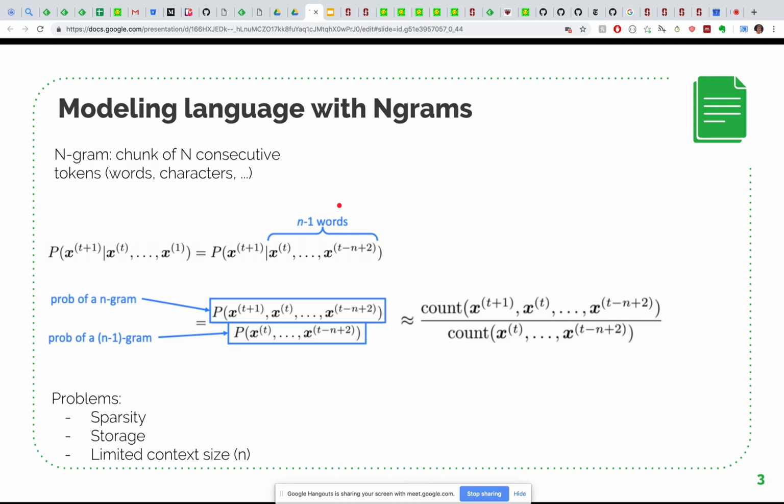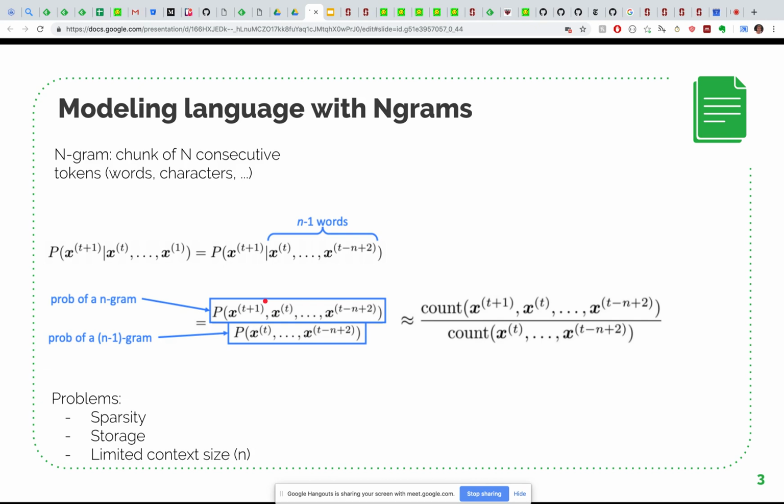The first way to calculate this probability is to use the Bayes formula. So we have this formula: the probability of the joint distribution from the whole window plus the next word, and the probability of the previous window.